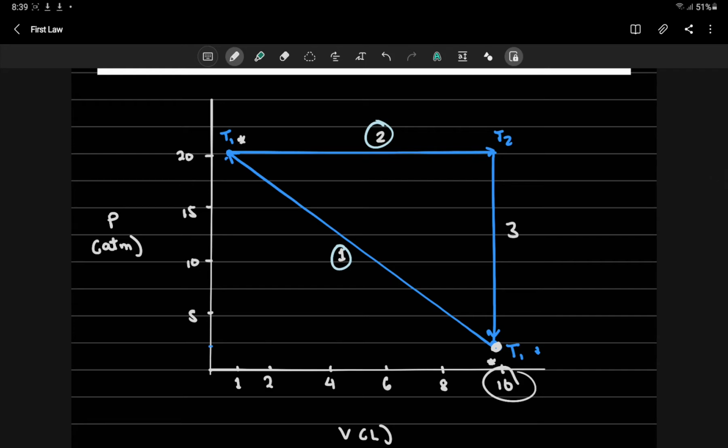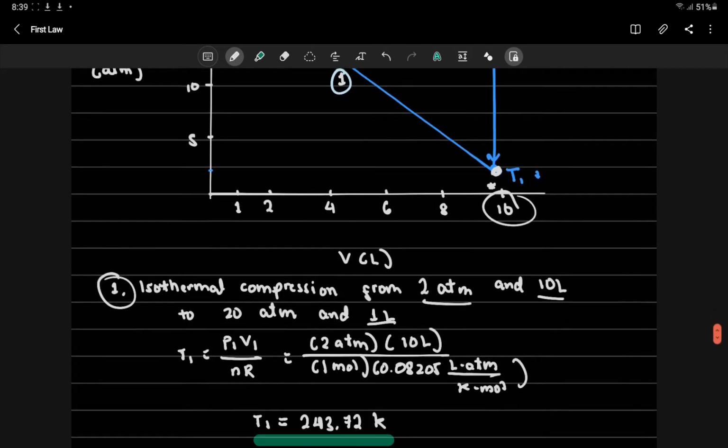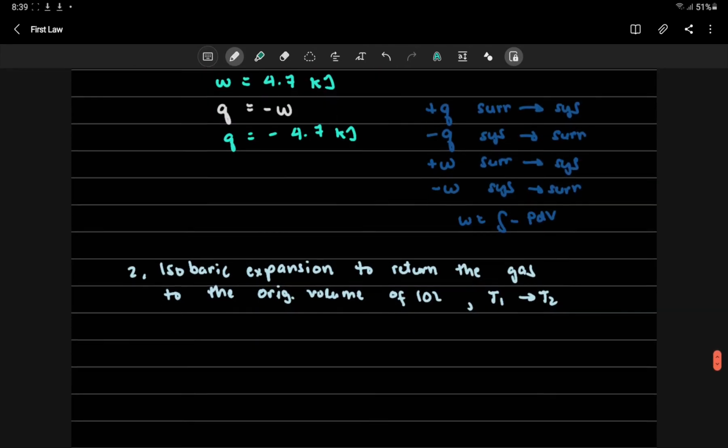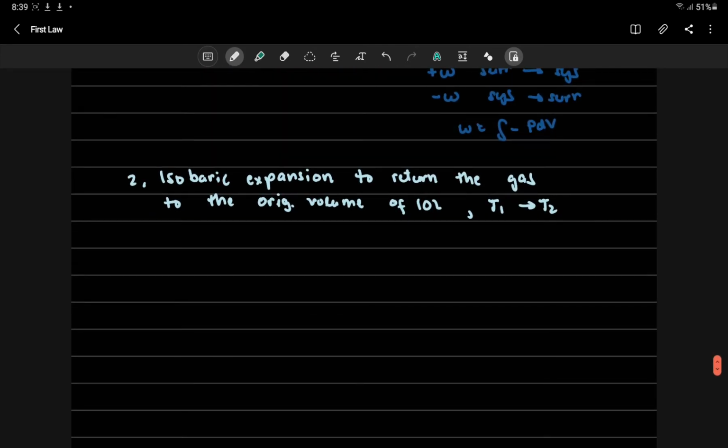So what are we going to do? Well, we have to identify or compute what T2 is. What formula will we use? Well, you can use the ideal gas equation if you want. But since this is isobaric, you can just use the relationship between temperature and volume. Remember, according to Charles and Gay-Lussac's law, T2 over T1 equals V2 over V1. But if you want to use the ideal gas equation, no problem. You can do that for both points or conditions.